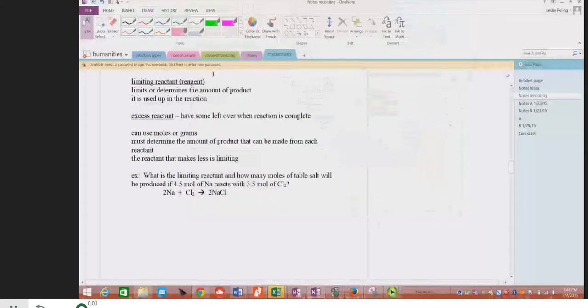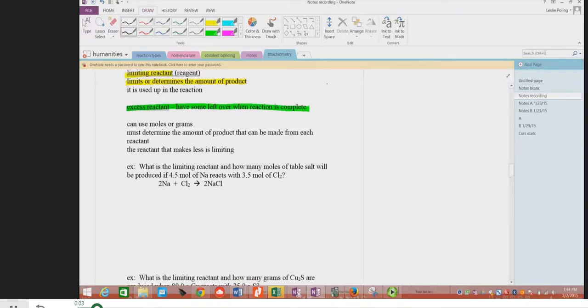So, limiting reactants. We need to figure out which one we run out of. We've got our vocabulary here: limiting reactant, an excess reactant, and we also have stoichiometric equivalent, where we have no limiting reactant.